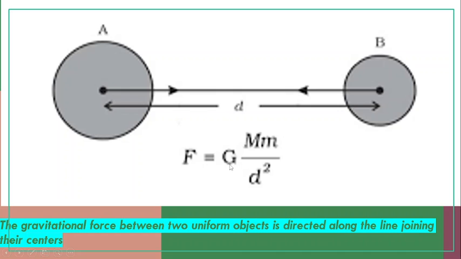So force is equal to capital G times capital M times small m, whole divided by D squared. Keep in mind this is the capital M and this is the small m. The distance is D, and this is the formula for the force.